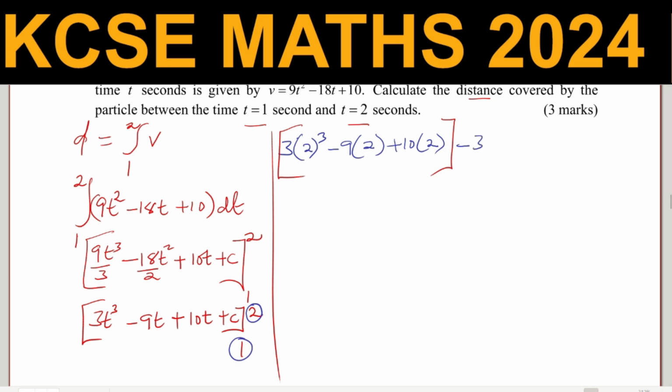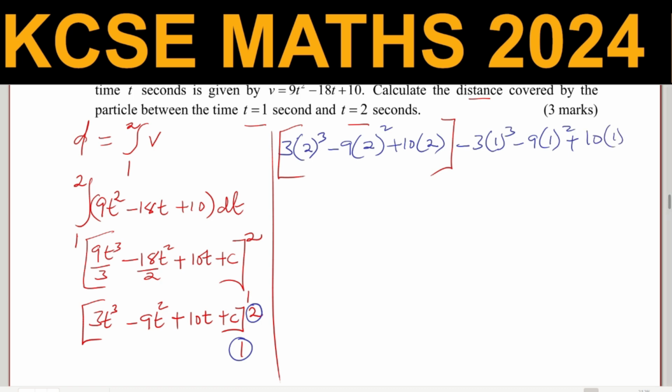So you have 3, this is 1 cubed, minus 9, 1, like that. And this is squared. I forgot to put squared here. So this one is 9t squared, so this one should be squared, like that. So 1 squared plus 10, 1, like that.